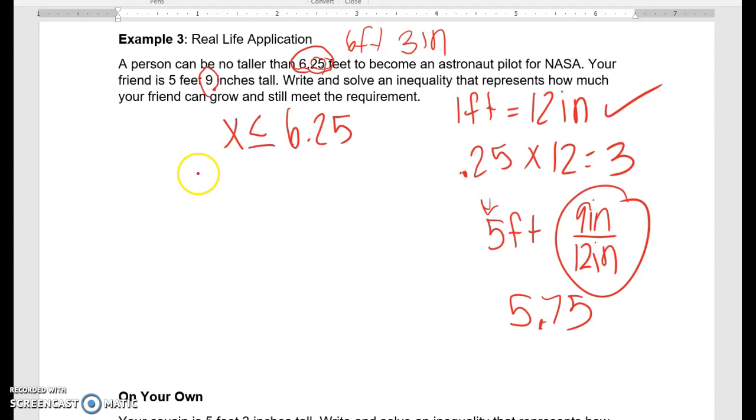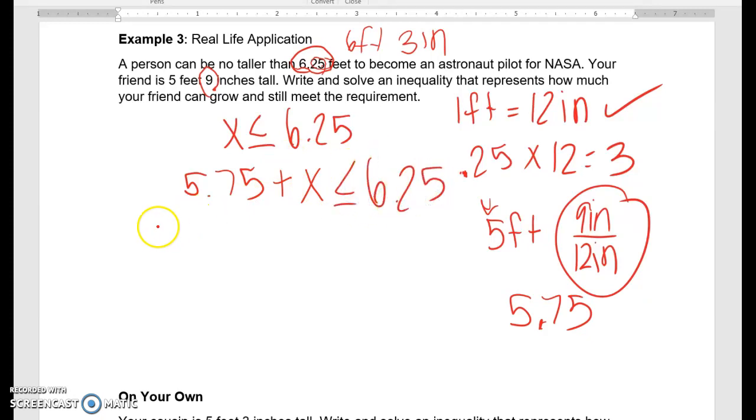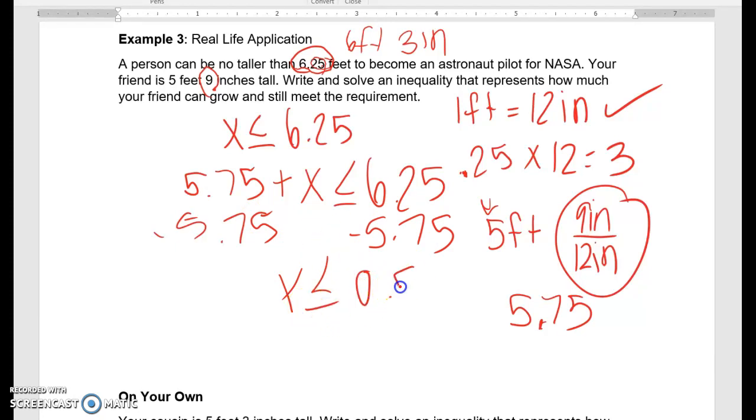So I know if you are 5.75 plus x, how many inches you can grow, less than or equal to 6.25. Solve, subtract 5.75, subtract 5.75. You're left with x is less than or equal to 0.5, which is also known as 6 inches.